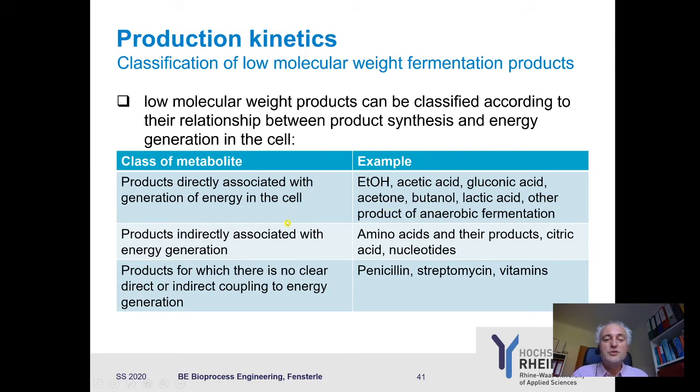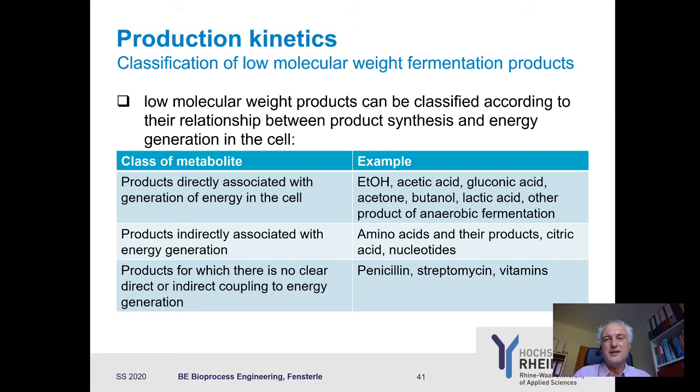Now, if you have a product which is indirectly associated with energy generation, these are products in these classes. You have all products which are in the energy cycles, like citric acid, for example. However, the amount of citric acid formed, as it's a cycle, is not directly related to energy metabolism.